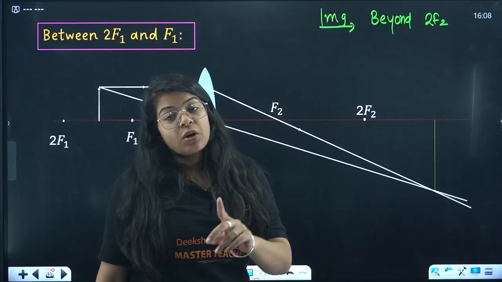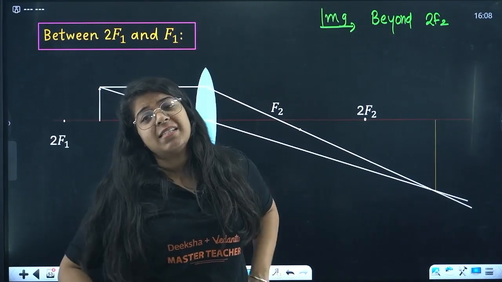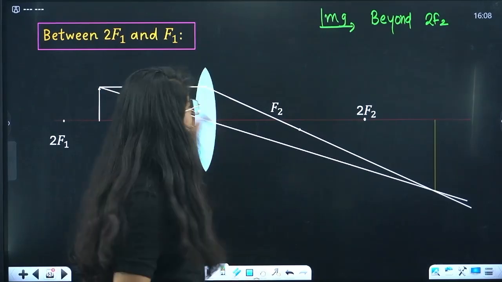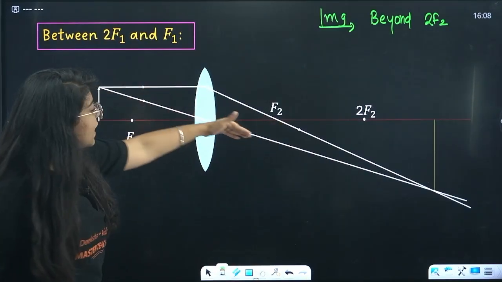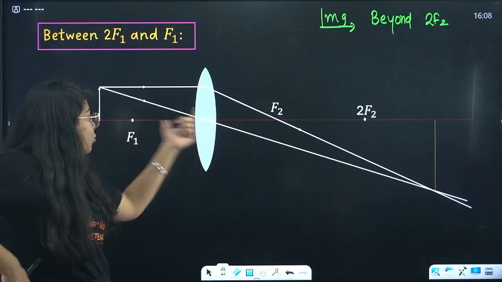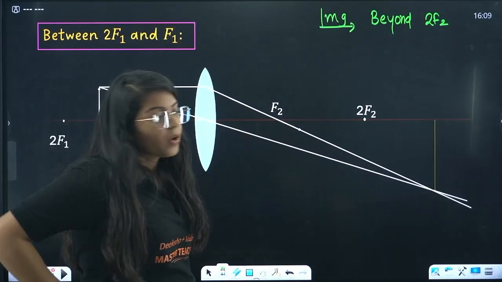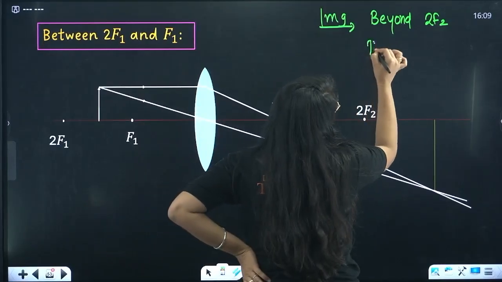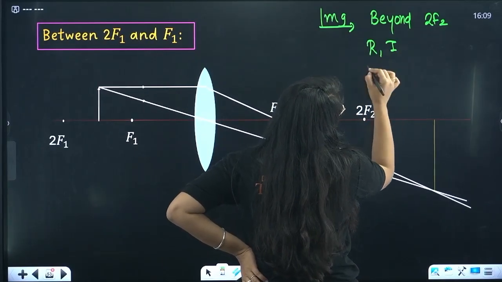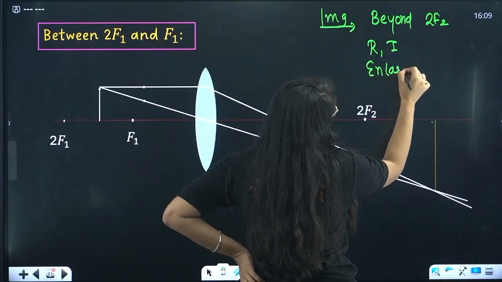That's your homework. Because this is very easy, you just draw one line parallel, pass it through focus, another directly from optical center. You just place F1, F2, 2F1, 2F2 at equal distances. That's your only work. Again, this is real and inverted, and of bigger size, so this is enlarged.